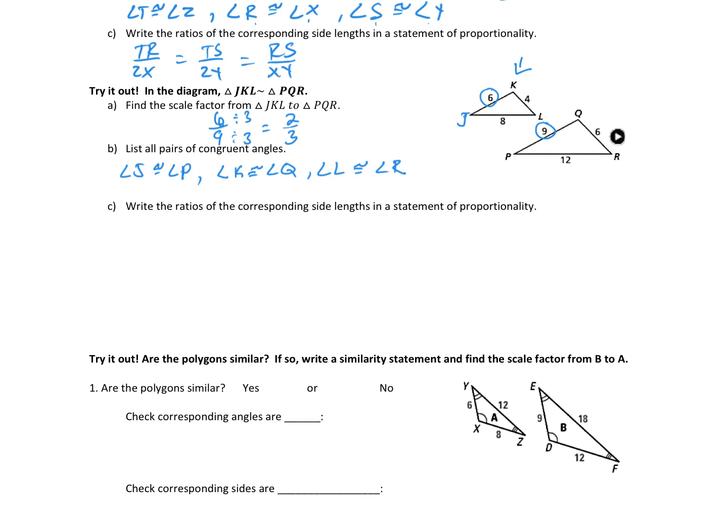So I'm going to start with JK over PQ, because that's my numerator, must be equal to KL over QR, which must also be equal to JL over PR.